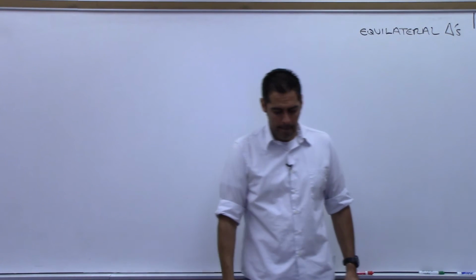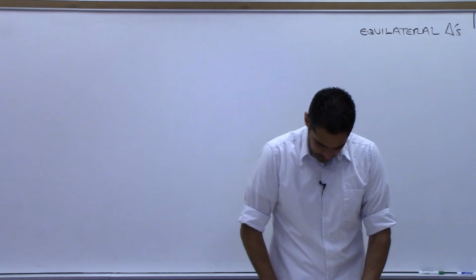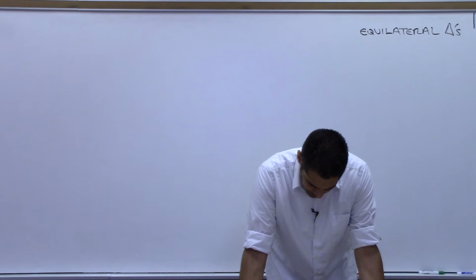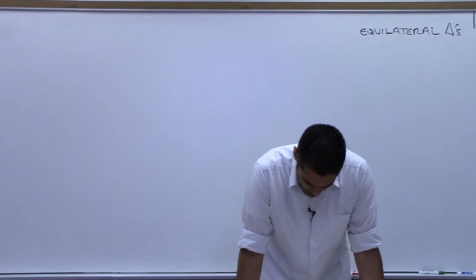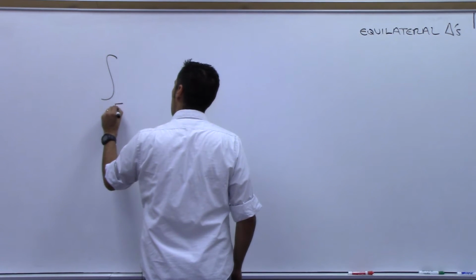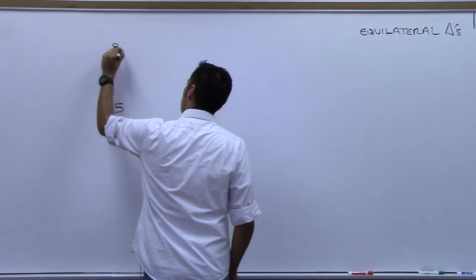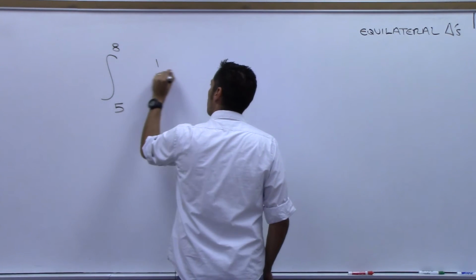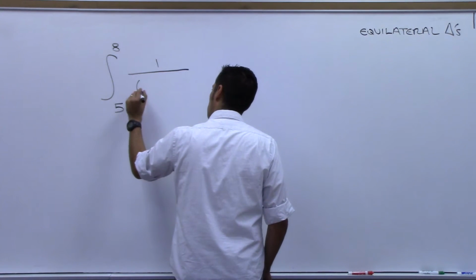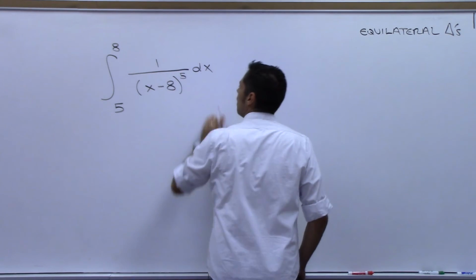Yes? The improper integral that was bounded. Improper integral? How about this? Something like the integral from 5 to 8 of 1 over (x minus 8) to the 5th dx.